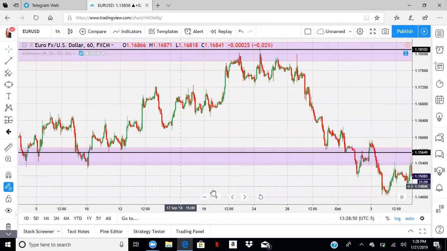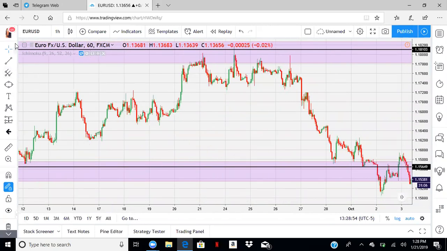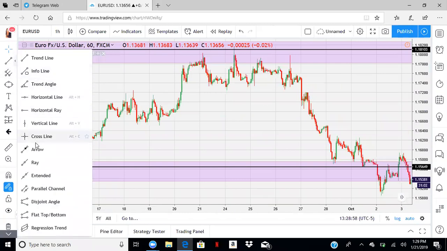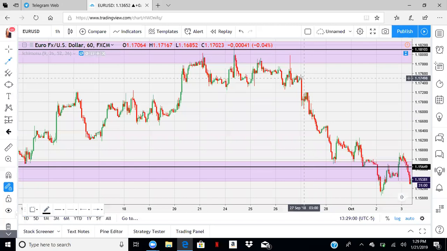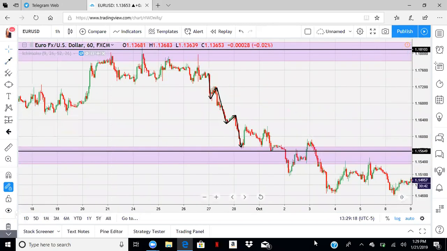You guys might call them pullbacks, corrections, or whatever. I'm going to point them out. Does everybody see this one? This is 3 waves that you guys could have caught. Right? This is 3 waves.